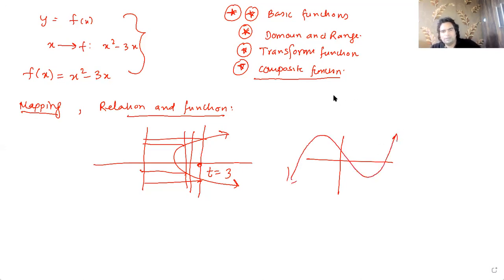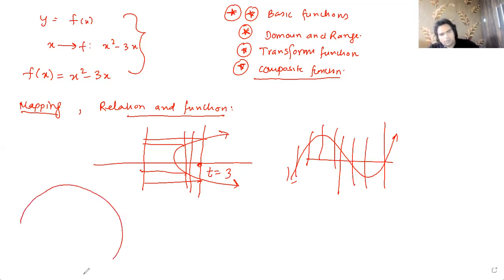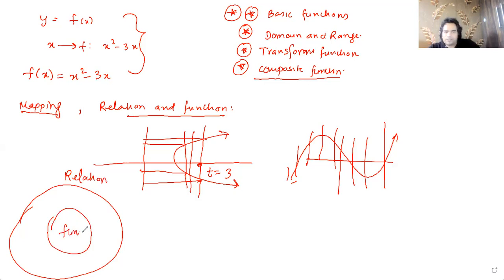For example, here, if you draw a vertical line, it cuts the graph at only one point. So these graphs or relations are functions. Looking at the bigger picture, you can set up a relation, but only some of them will be functions, and that too, whichever fulfill the vertical line test.